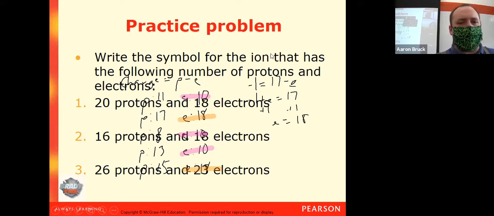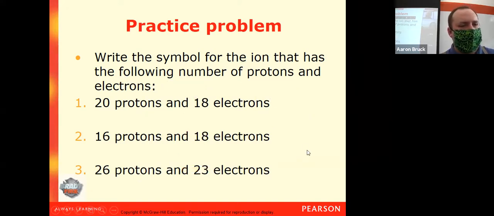Let's do one more example just as a closer here. What is the symbol for the ion that has these descriptions? 20 protons and 18 electrons. Element number 20 is calcium. If I have 20 protons and 18 electrons, what's my charge?